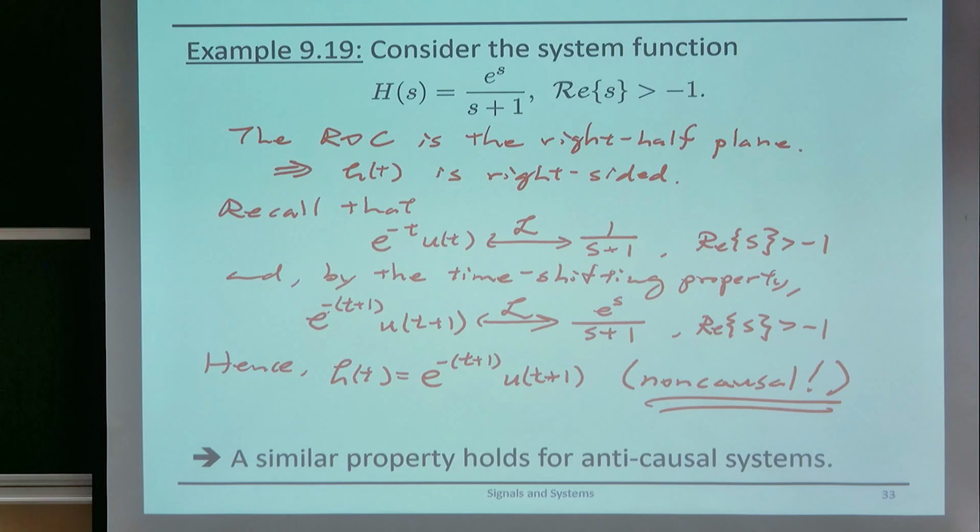So even though the region of convergence is the right half plane, the system is actually non-causal, because the system function is not rational.